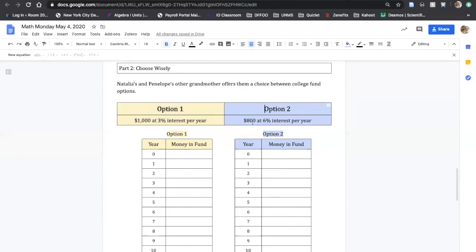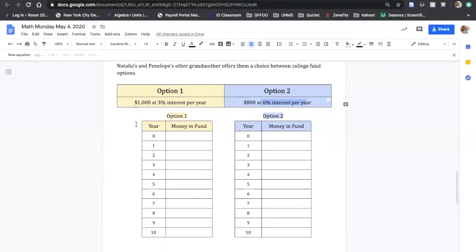Option 2 says $800 at 6% interest per year. So just like what we did last week, I want you to try to figure out which of these 2 options is going to be better, right? Now, this is a little bit different from last week because I have different initial values and different growth rates. This one is 3%, this one is 6%, right?